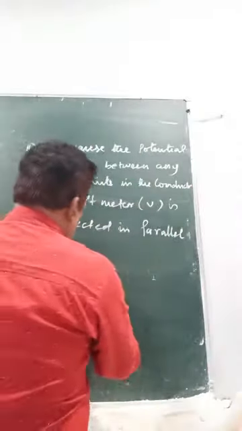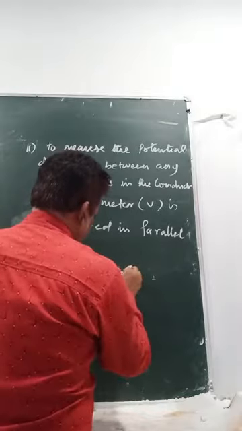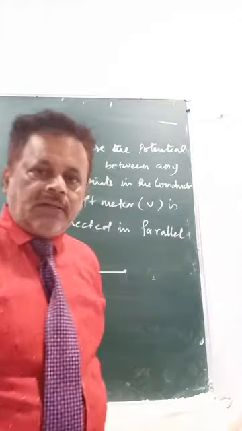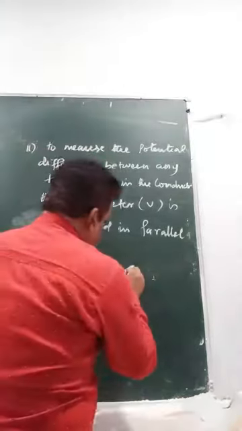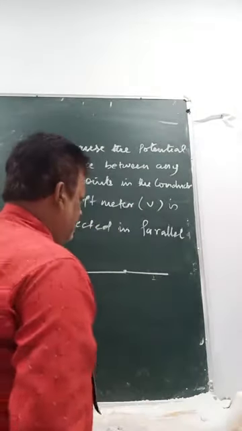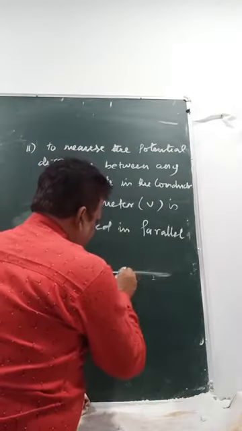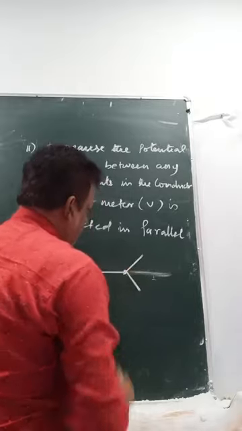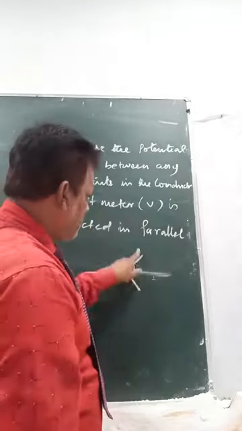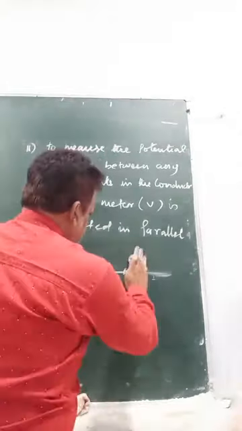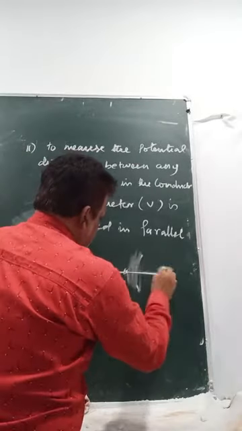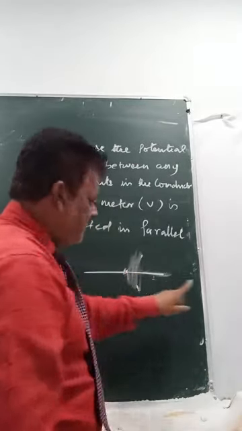Suppose there is a piece of wire. If you go straight, that is series. But if you make a junction here, like this, this is called a parallel connection. This is a piece of wire, and another piece of wire you are joining end to end, that is series joining.